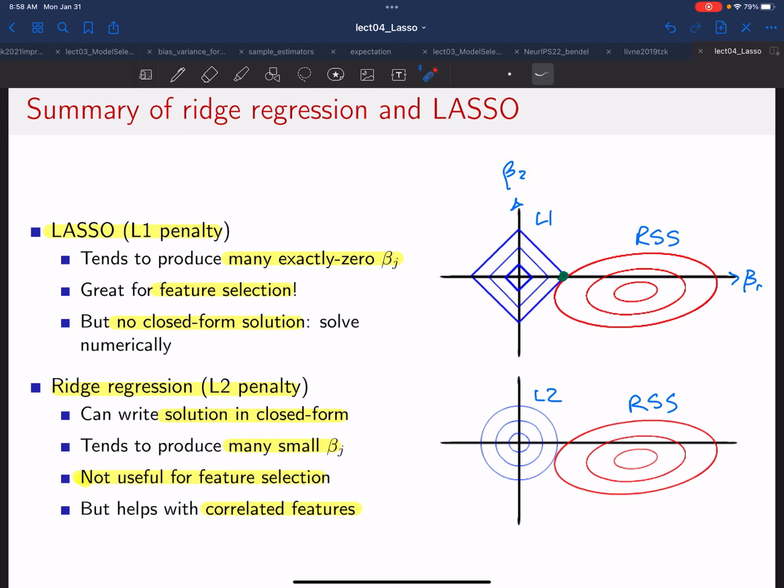On the other hand, down below, because this doesn't have these pointy edges, its solution will be over here. And you can see this is non-sparse. It's going to have non-zero beta 2 and beta 1. A little bit of the geometric intuition about why Lasso gives you exactly zeros.